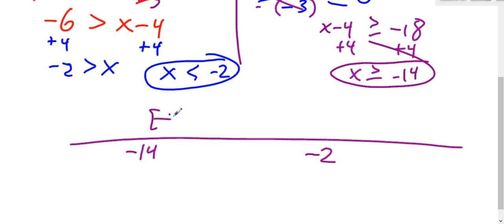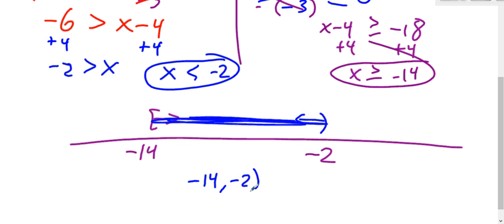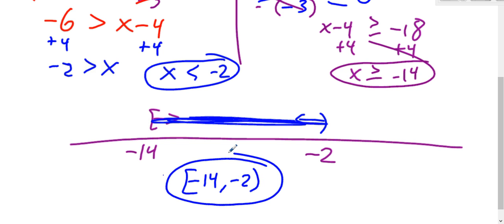So a bracket with an arrow pointing to the right. -2, it's going to have a parenthesis because it does not have the or equal to, and it's got the arrow pointing to the left, so a parenthesis pointing to the left. These two arrows go together, makes that inequality right there, everything between -14 and -2. So it's -14 to -2, parenthesis on the -2, bracket on the -14. There's your interval.